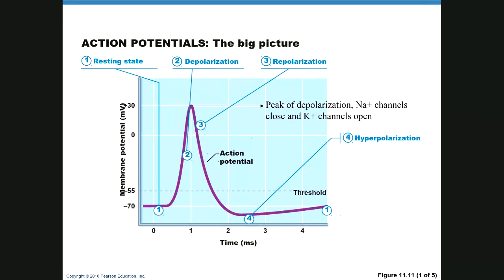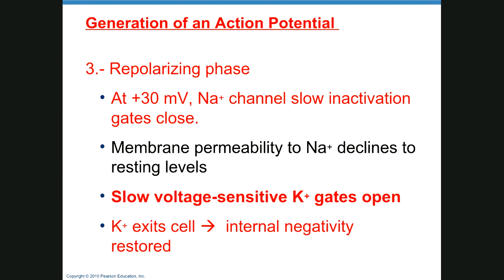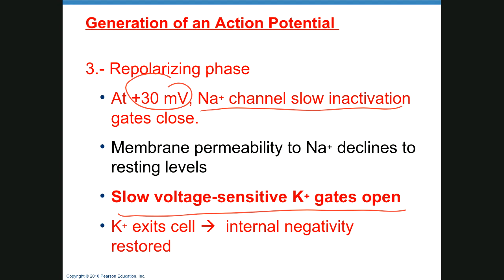That is this part of the curve right here. This is due to sodium influx. Once the cell hits plus 30 millivolts, sodium voltage-gated channels are inactivated and potassium channel gates open, and potassium begins to exit the cell, taking with it positive charges and making the cell more and more negative.